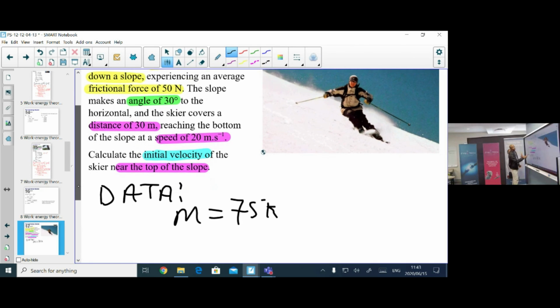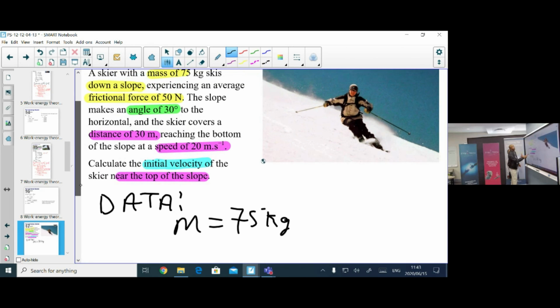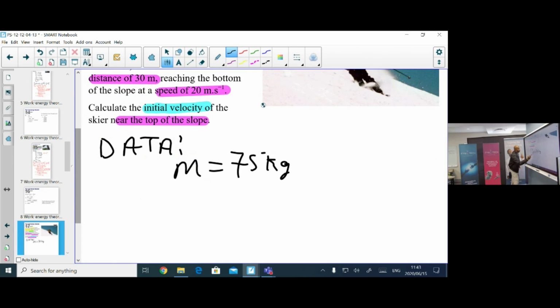We all know that it is down the slope. And then frictional force. Is this static or kinetic?